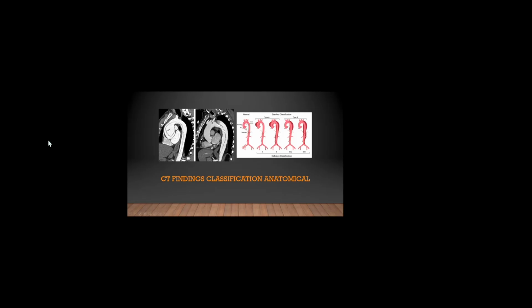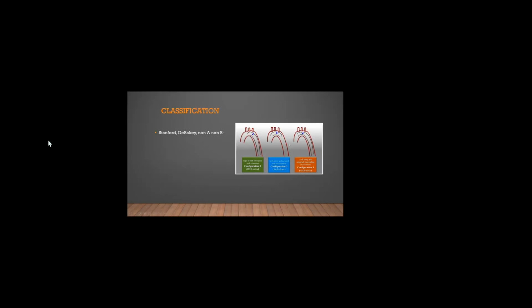Those are the dissections that are in the arch, whether they are extending or not extending to the ascending or the descending, but it recently came into the classification of dissections.